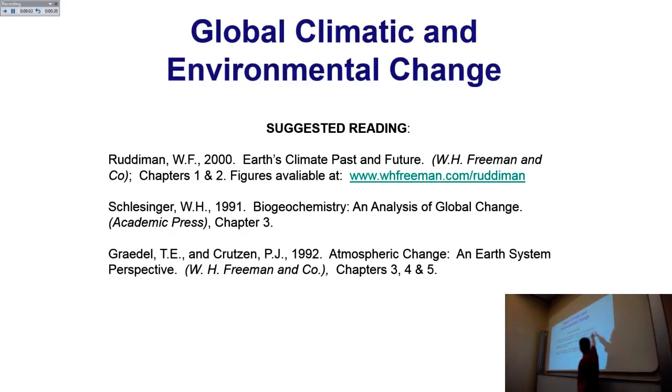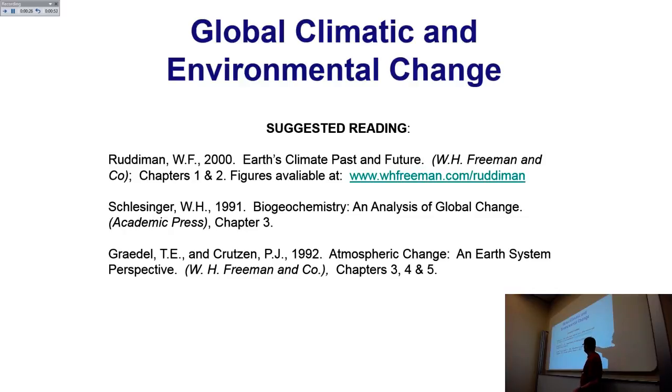I think this textbook at the top, The Earth's Past, Climate and Future, is available in the library. It's what quite a lot of the lecture material is loosely based on. I don't think it's available in print at the moment, or it is, and it's extremely expensive. So don't feel you have to get that book, okay?